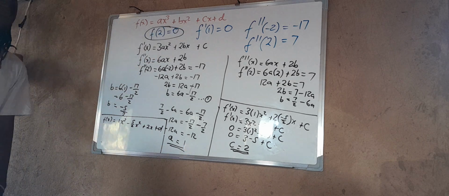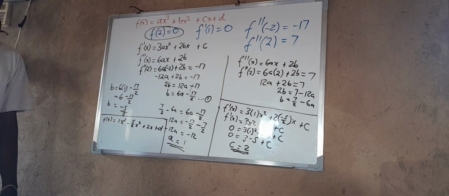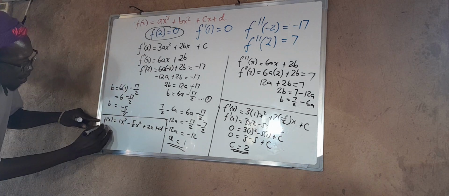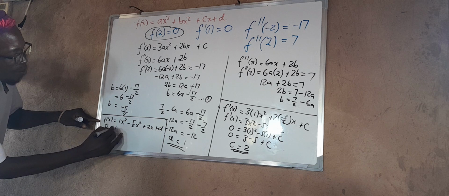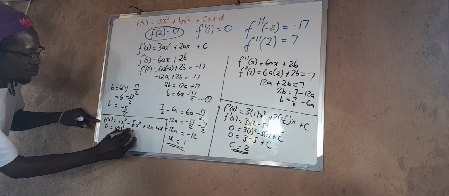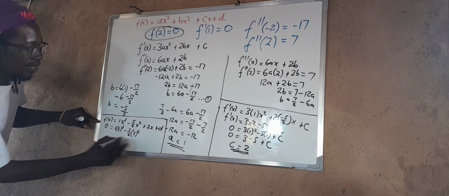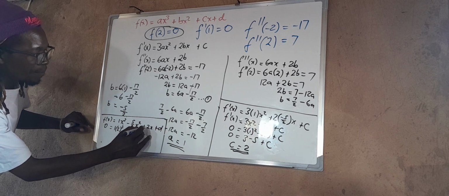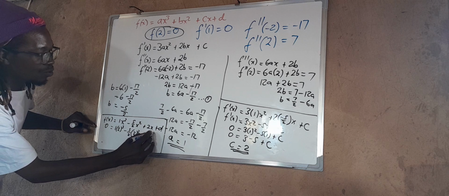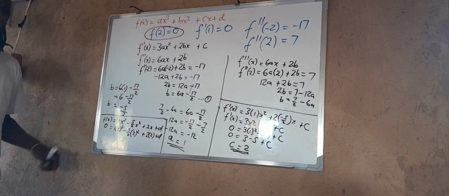So if we substitute 2 as the value of x, you are going to get 0, right? So 0 becomes 2 cubed minus 5 over 2 times 2 squared, plus 2 times 2, plus d.